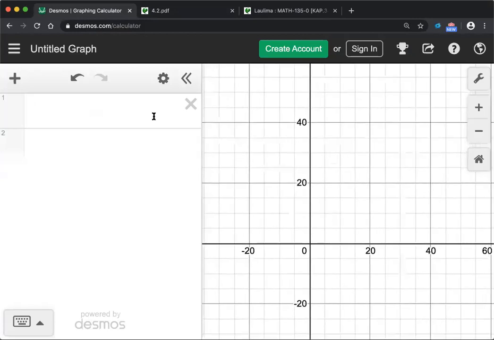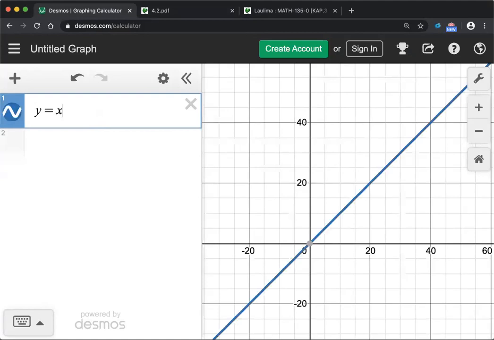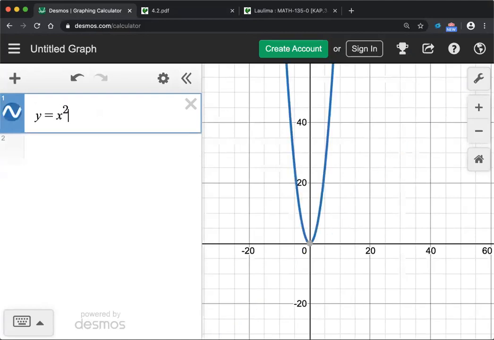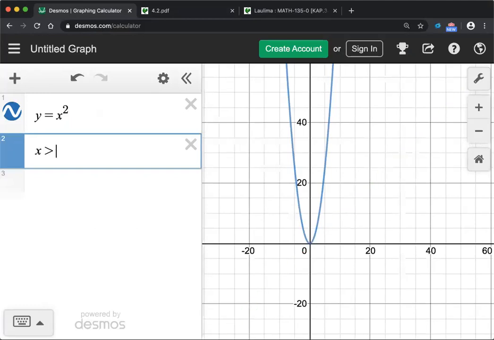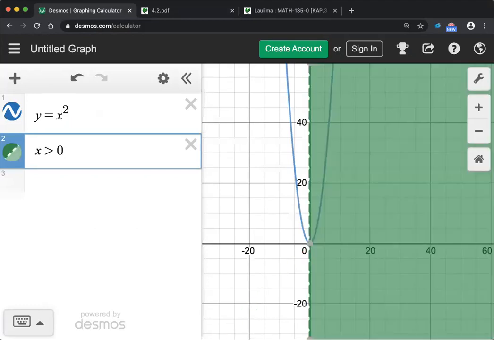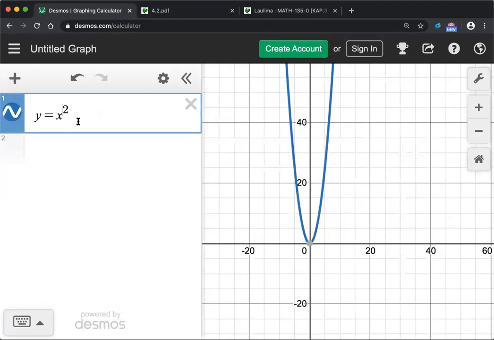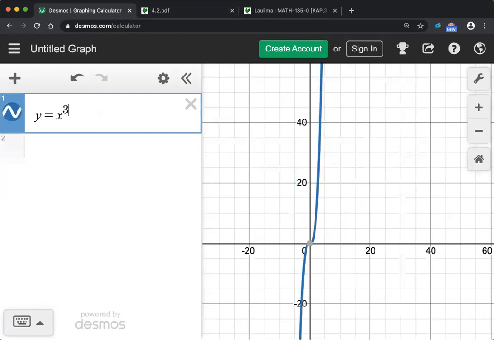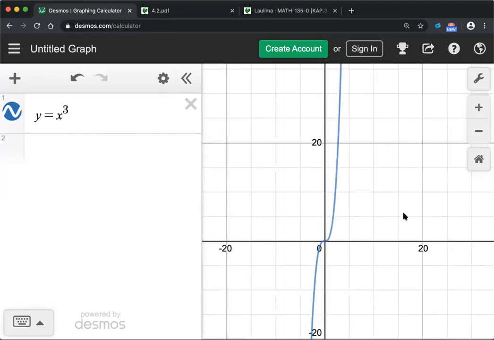Okay, so first of all, let's just remind ourselves what an inverse function in general looks like. So remember, let's do one where it's clear to see. So y is equal to x cubed.